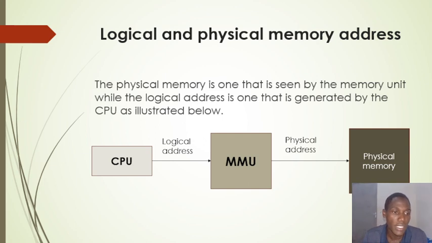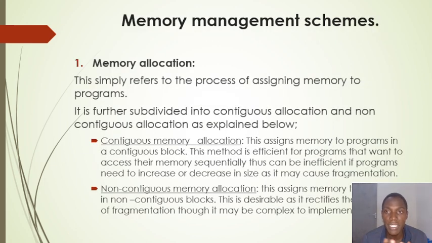Going ahead with memory management schemes, the first scheme we have is memory allocation. Memory allocation simply refers to the process of assigning memory to programs. It means getting memory and giving it to a program.